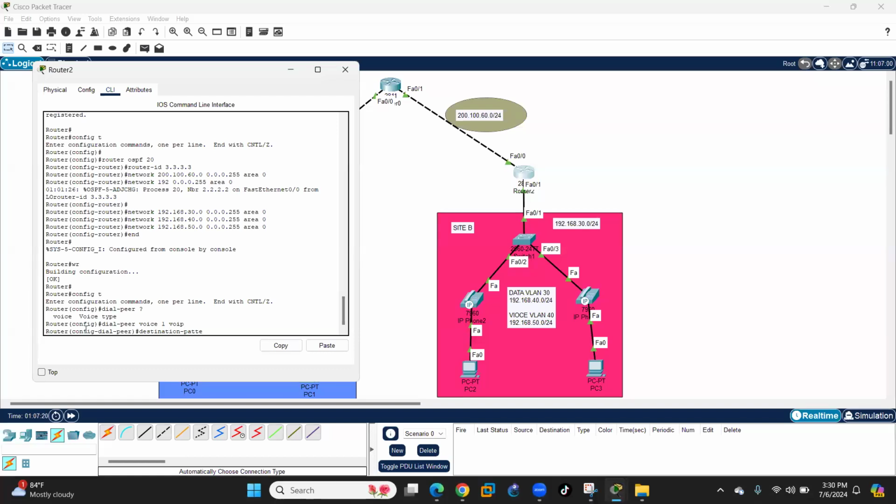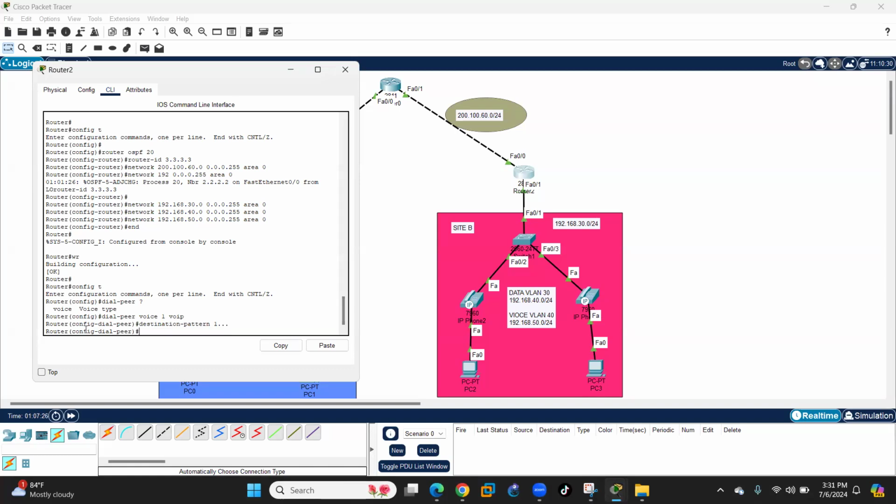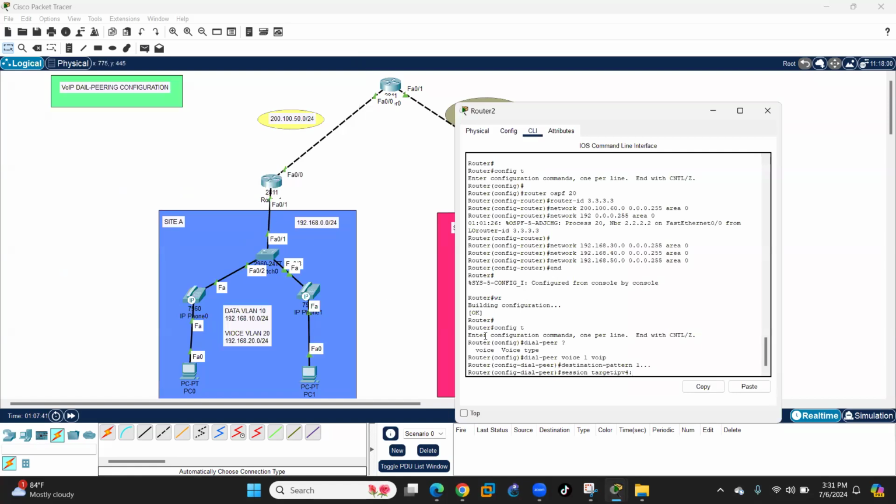Destination pattern is 1.1, session target IPv4. This is the IP address for the gateway: 192.168.0.1.